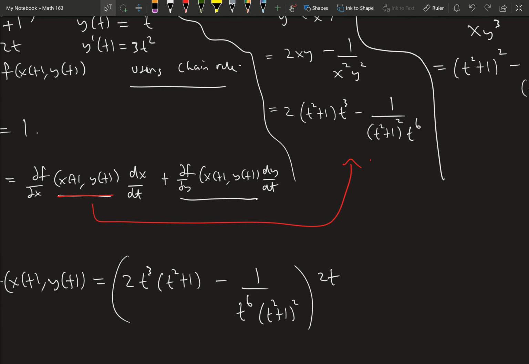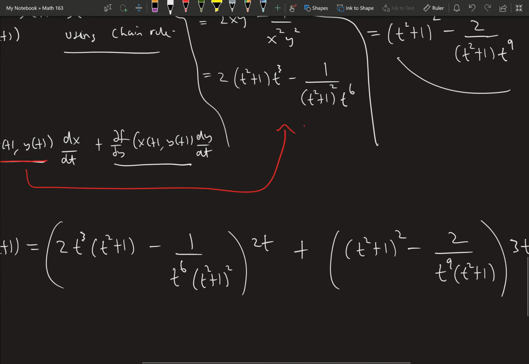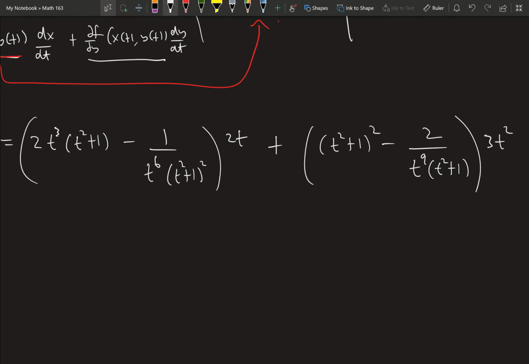And then we have plus the next derivative, del f del y at x of t, y of t, which is t squared plus 1 squared minus 2 divided by t to the 9th times t squared plus 1, times dy dt, which was 3t squared. So this is the overall derivative.